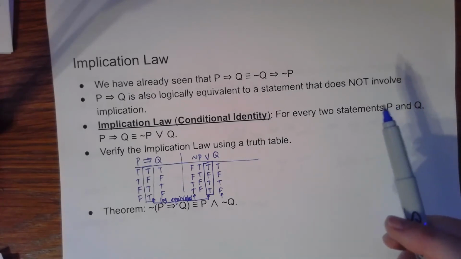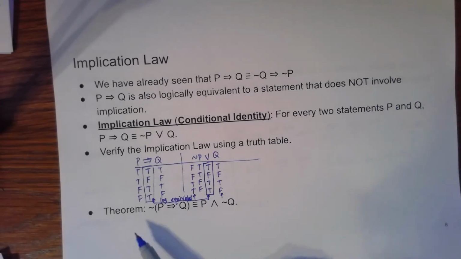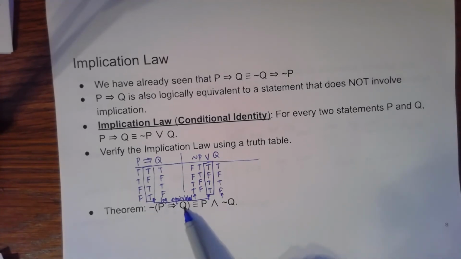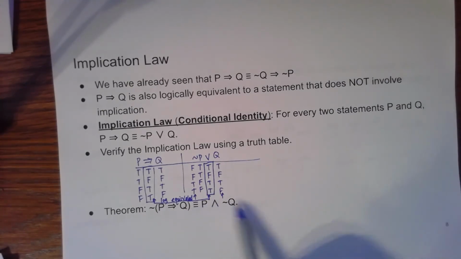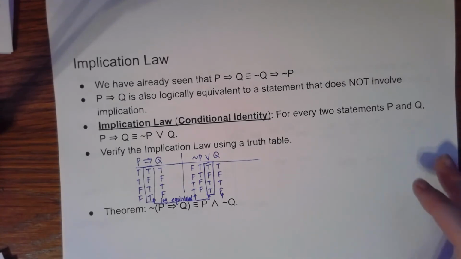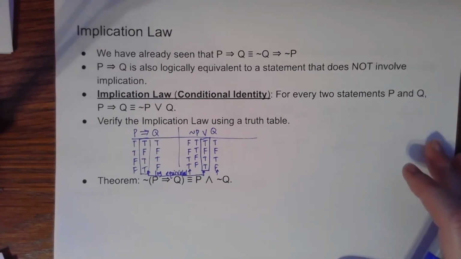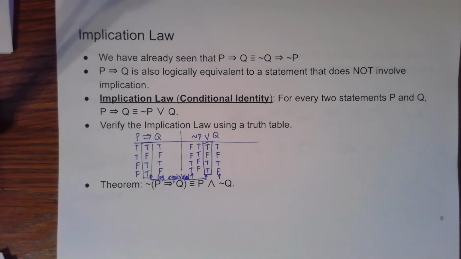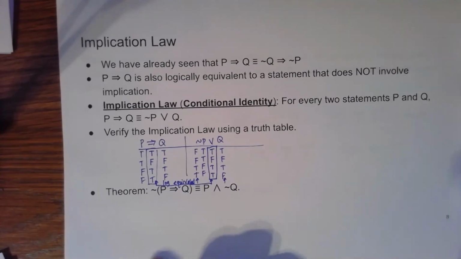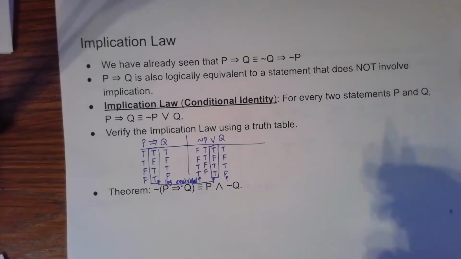Let's look at another theorem. If I had not and then P implies Q, so the negation of an implication, that would be logically equivalent to P and not Q. Remember, last time we talked about using some laws of implication rather than truth tables for proofs, and that is a handy thing to do here. Sometimes it's a little bit shorter and less tedious.